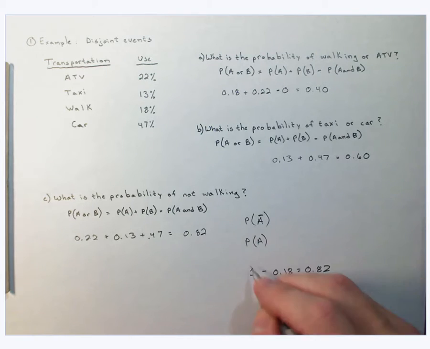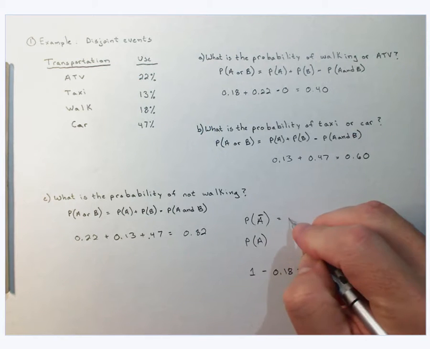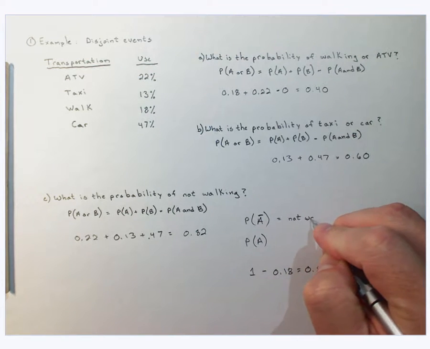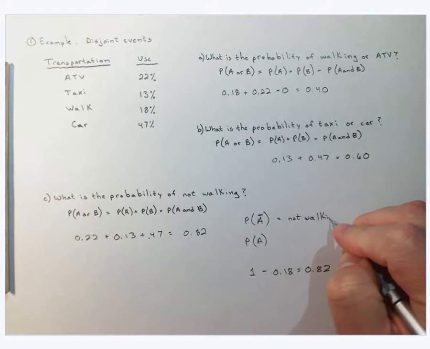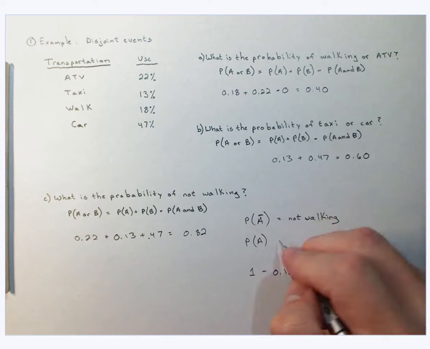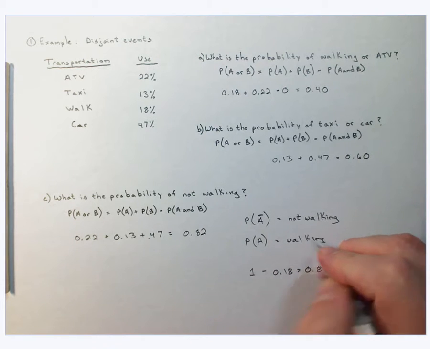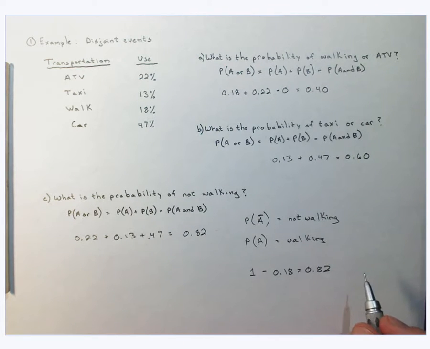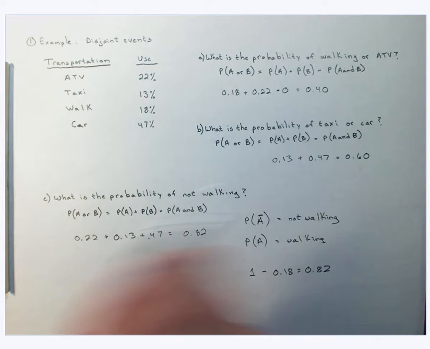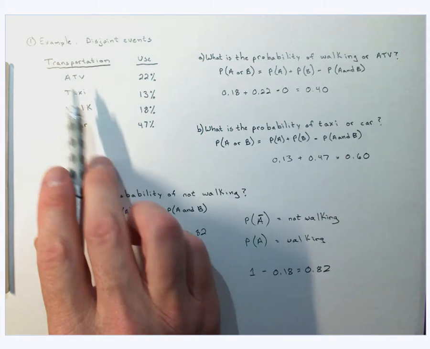I used complementary events. What is the probability of not walking? I just find what walking is and subtract it from 1, and that is everything else. That is ATV, taxi, and car.